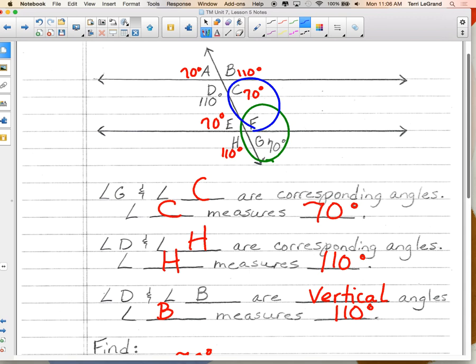Not necessarily. We can't use the relationship that they make a straight angle, so we can't do it that way. Yes, they're going to be supplementary only because they add up to 180. Okay, so you're hearing what I'm saying? We don't know that they're supplementary because they don't form a straight angle, but it does turn out that they're supplementary because they do add up to 180. But we don't know what F is yet.